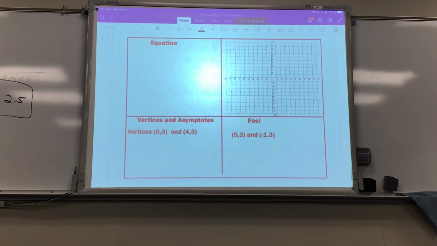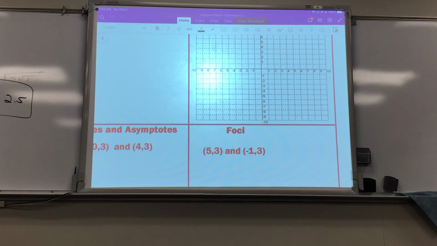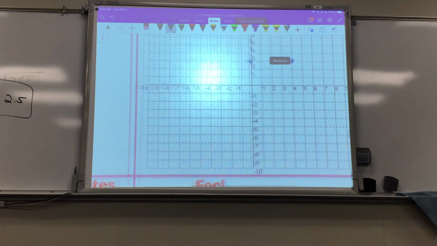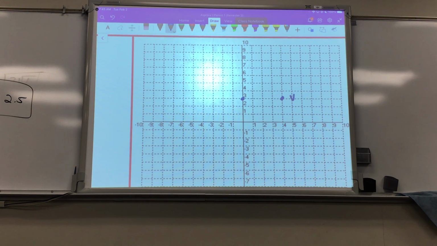And then if I have the vertices, what else could I get? (0, 3), (4, 3). What else can I figure out from there, just with that?